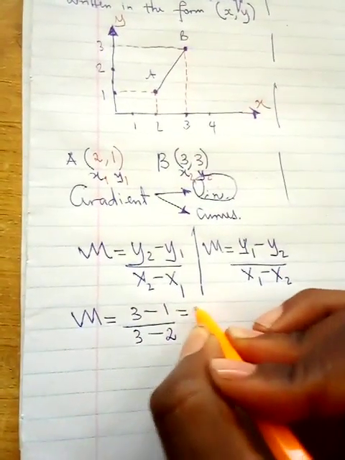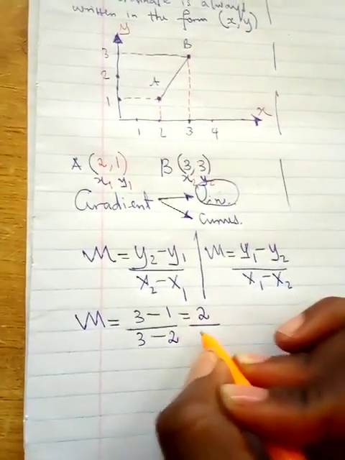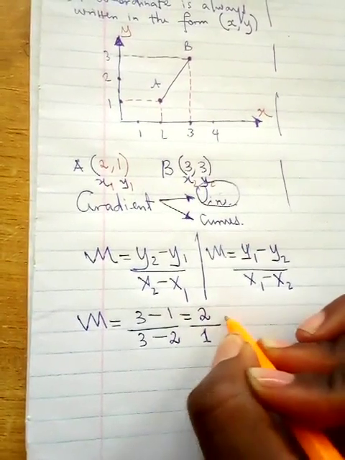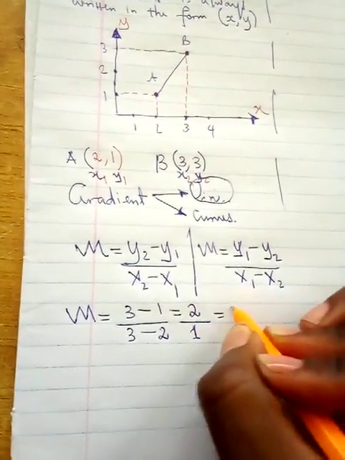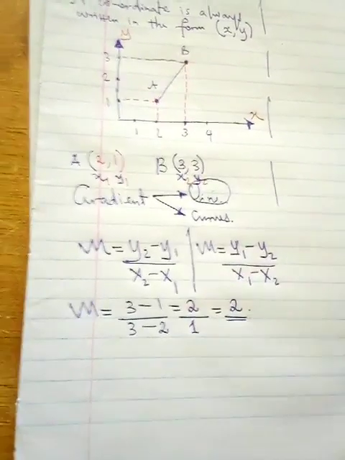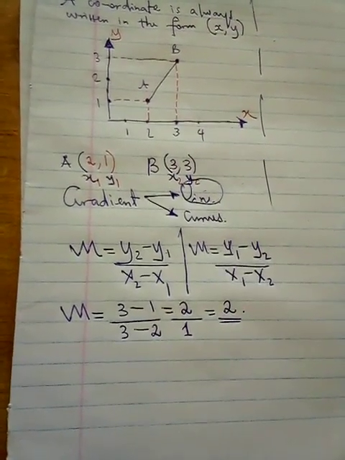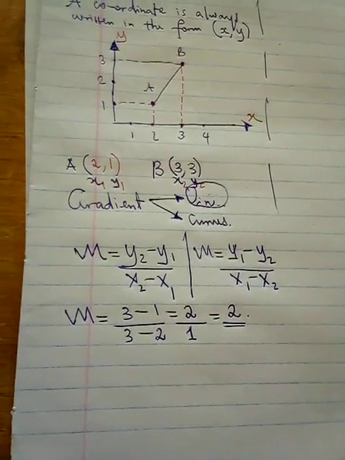So 3 minus 1, the answer is 2. 3 minus 2, the answer is 1. 2 divided by 1 is just 2. And that's it for this problem. You have simply determined the gradient of this line that you have been given.